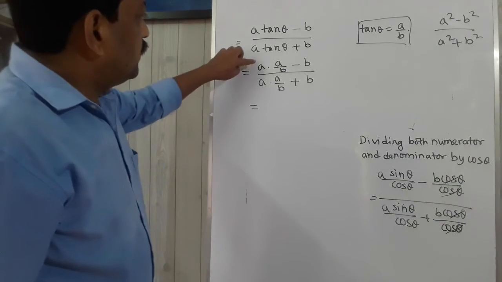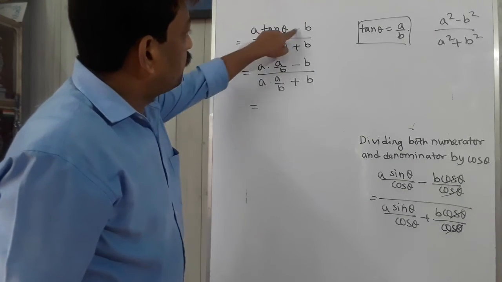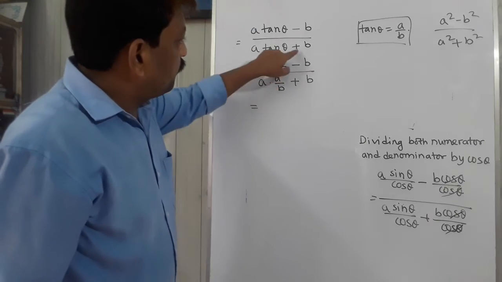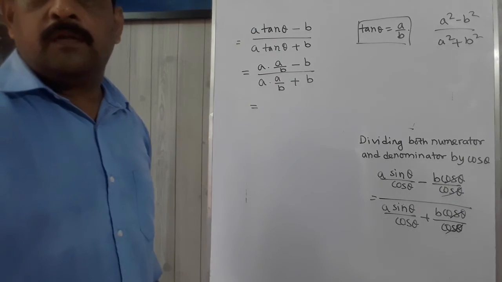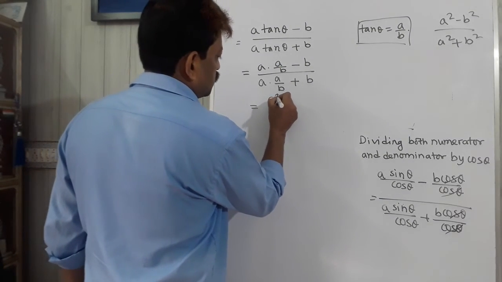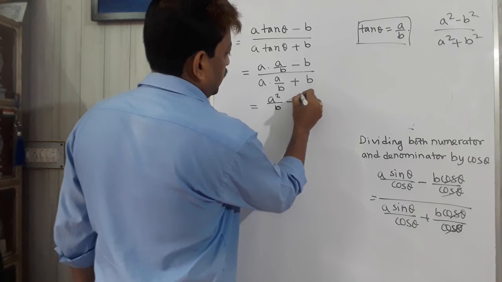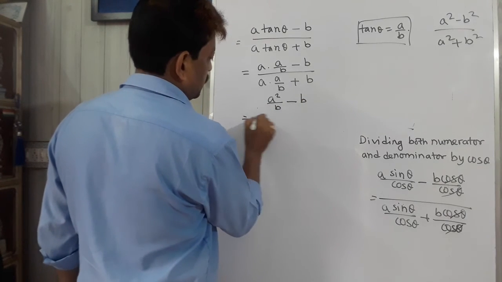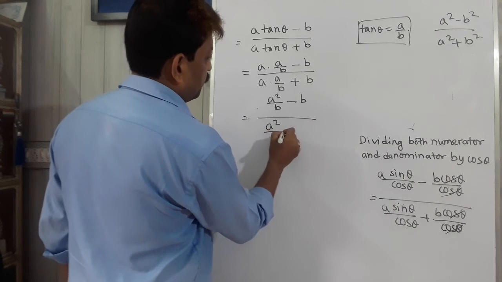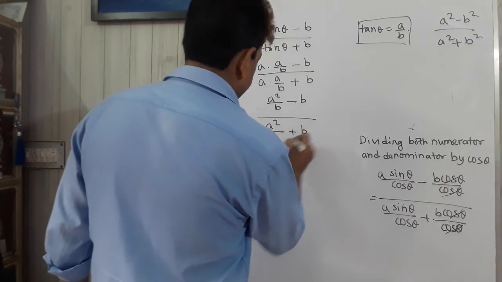Okay. So a tan theta means a by b minus b. Again a tan theta is a by b plus b. So here it will be a square by b minus b, whole divided by a square by b plus b.